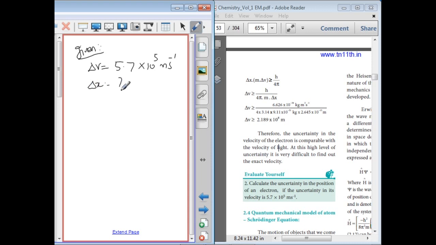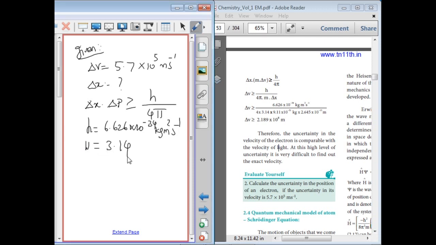The formula: delta x multiplied by delta p is greater than or equal to h by 4 pi. h is the Planck constant, 6.626 into 10 power minus 34 kilogram meter square second inverse. Pi value is 3.14. What is the mass of the electron? 9.1 into 10 power minus 31 kilogram.